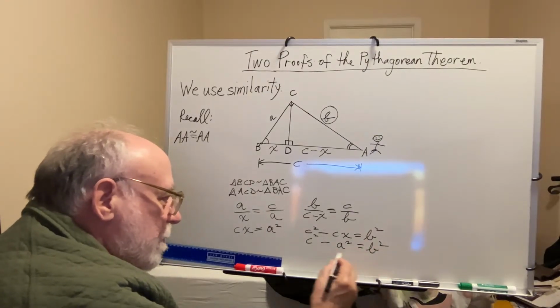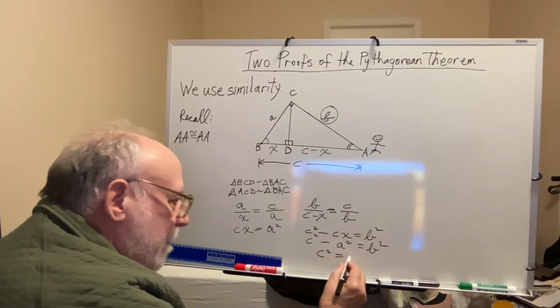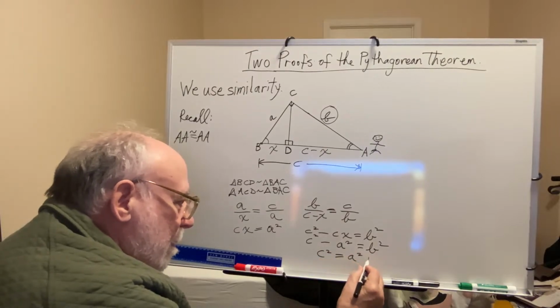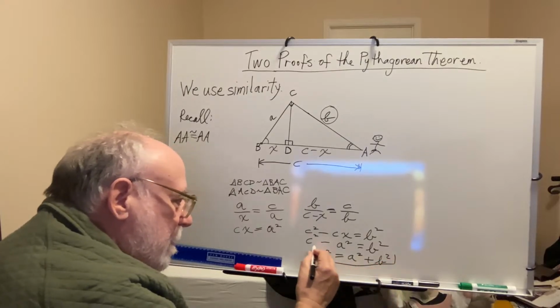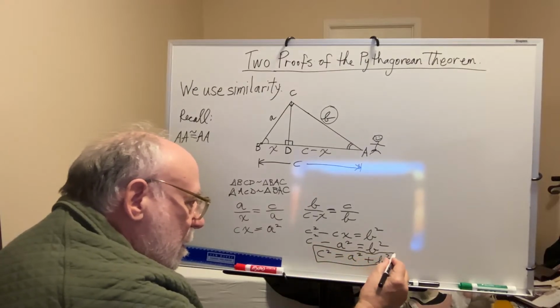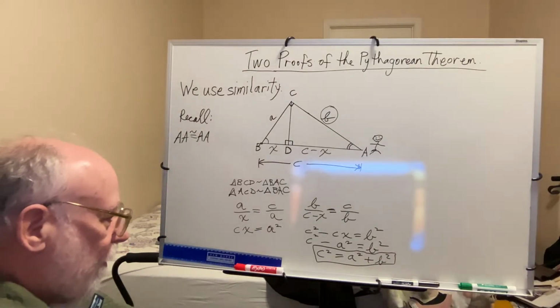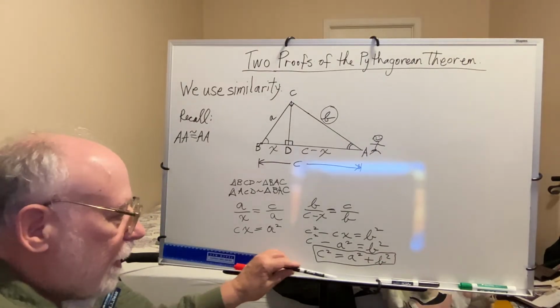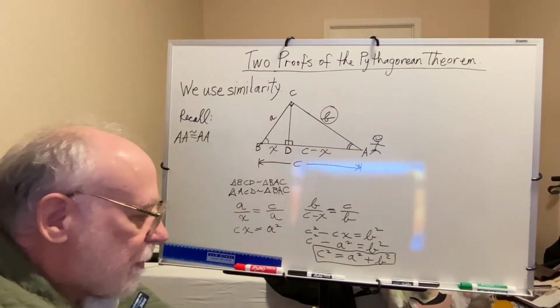And pushing this to the other side, we get C squared equals A squared plus B squared, which is the Pythagorean theorem.